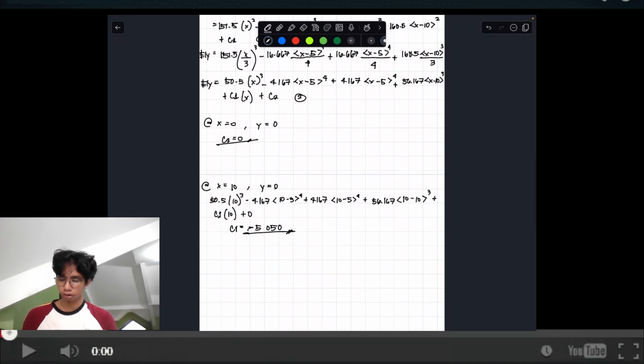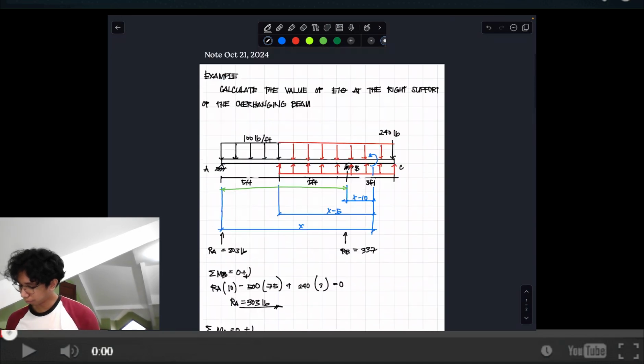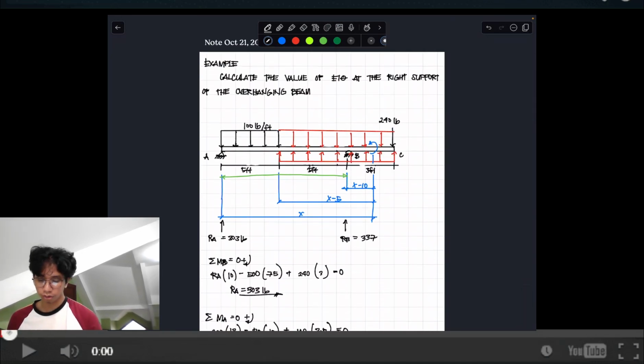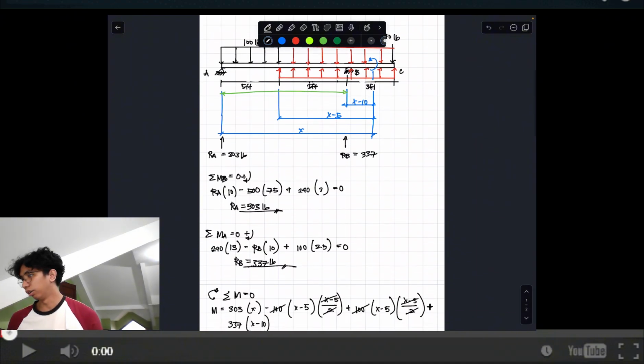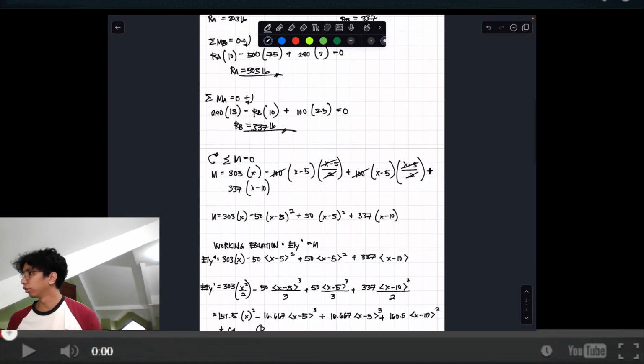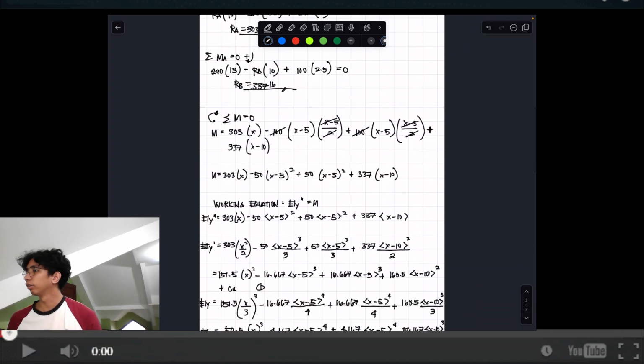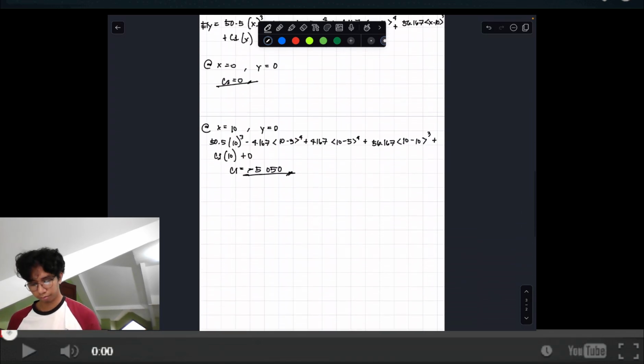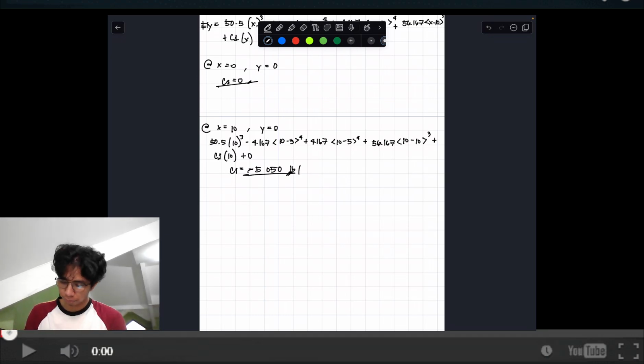Yan. Next. So, magsasabi sa ano? Calculate the value of the EI theta at the right support of the overhang beam. So, we would need to calculate our EI theta. Okay? So, next. EI theta. So, this is span per feet pala.